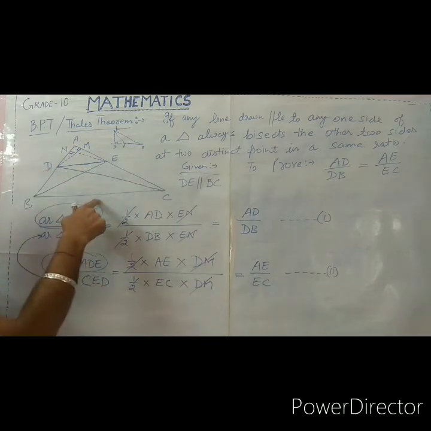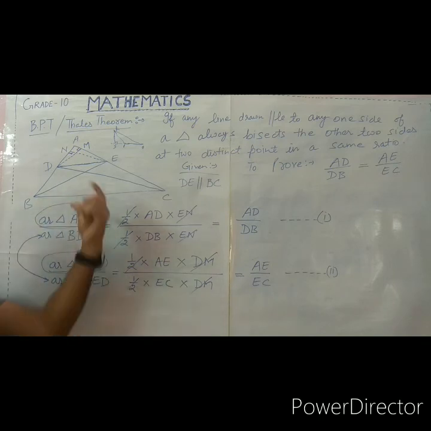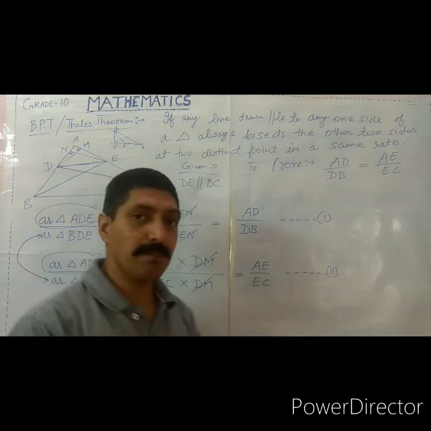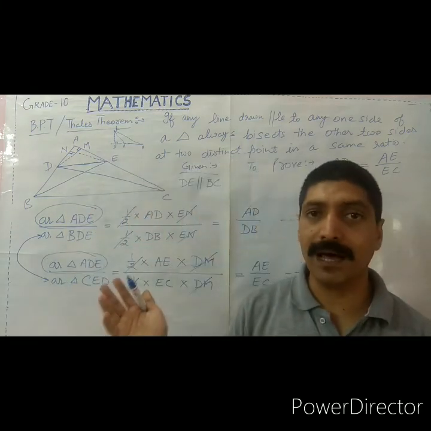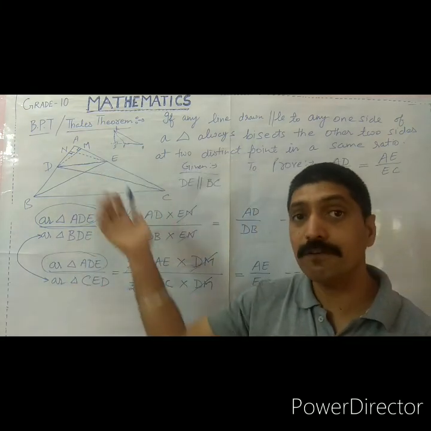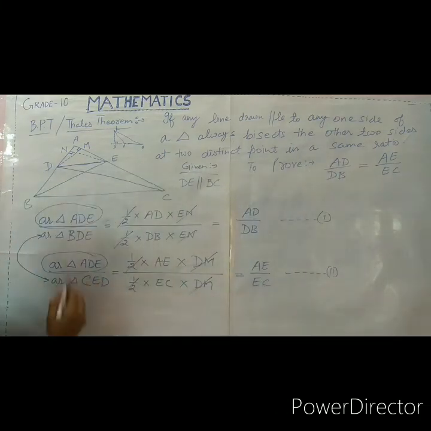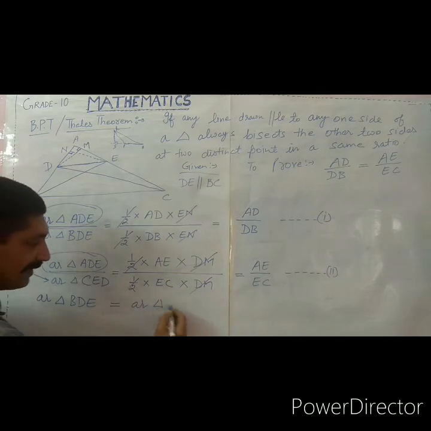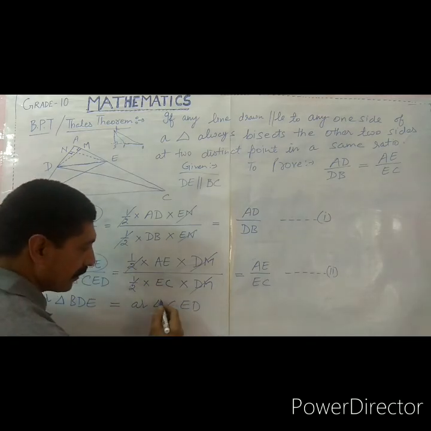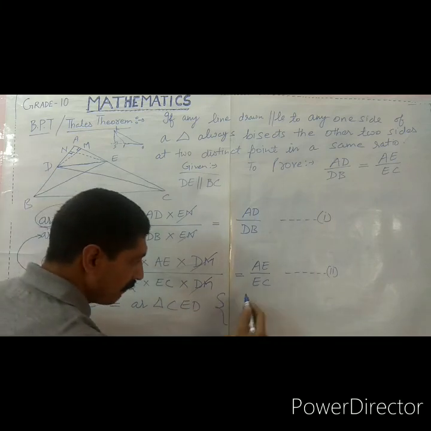So why is their area equal? In Grade 9 we have studied the concept that triangles on the same base and between the same parallels always have equal area. So we'll write here that area of triangle BDE is always equal to area of triangle CED.